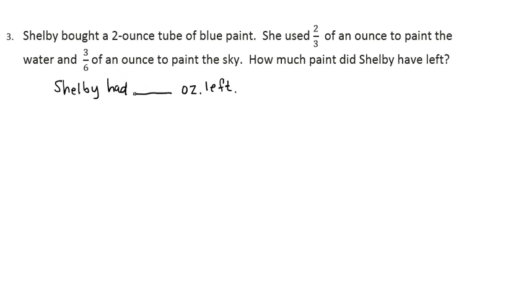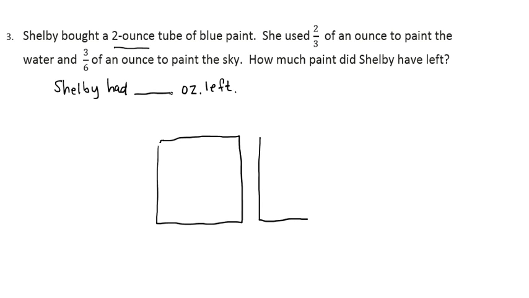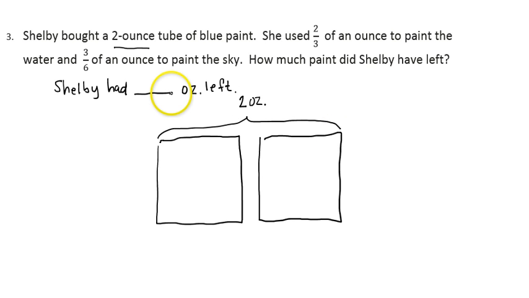The tricky part for this question is that she has 2 ounces of the blue paint. I'm going to represent each ounce in its own fraction model. So we'll show that the 2 models together represent the 2 ounces, and each model then is 1 ounce.